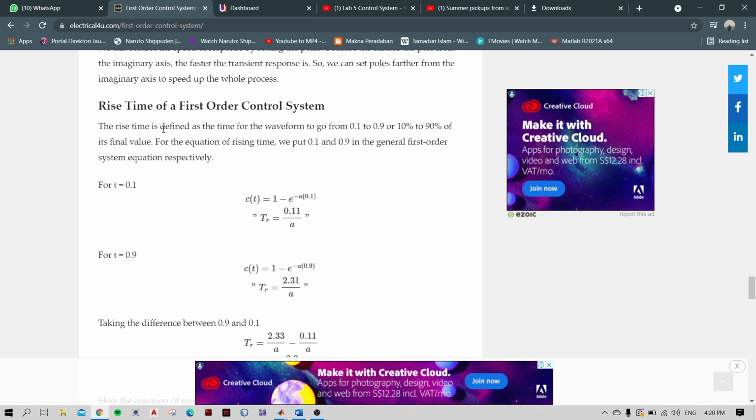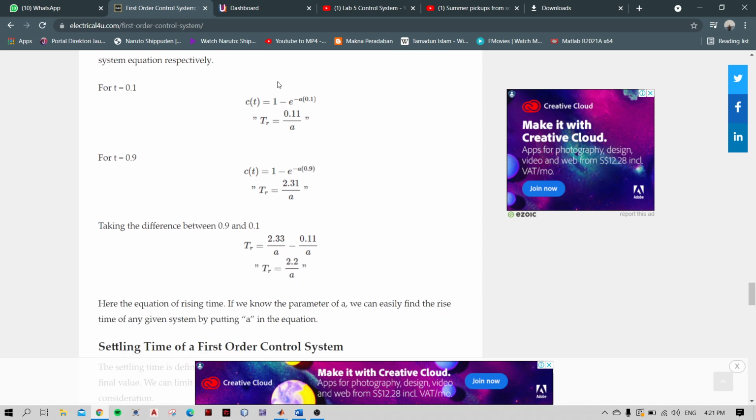And then for the rise time, or Tr, I went to the internet. Rise time is defined as the time for the waveform to go from 0.1 to 0.9, or 10% to 90% of its final value. This is the formula.